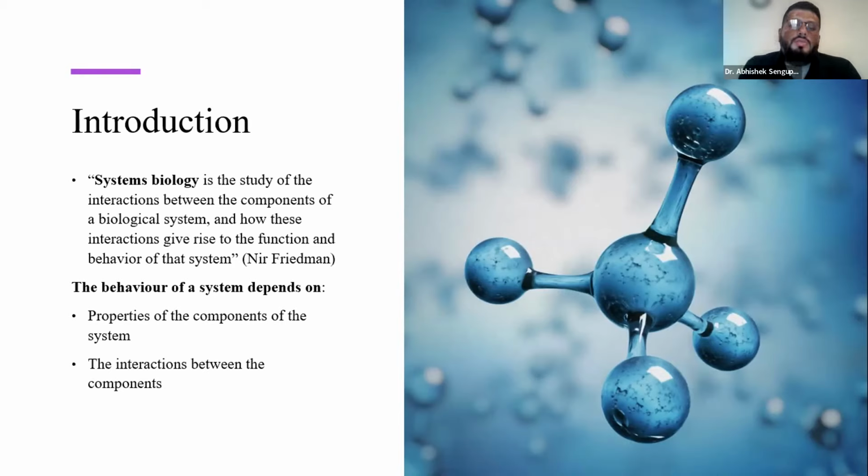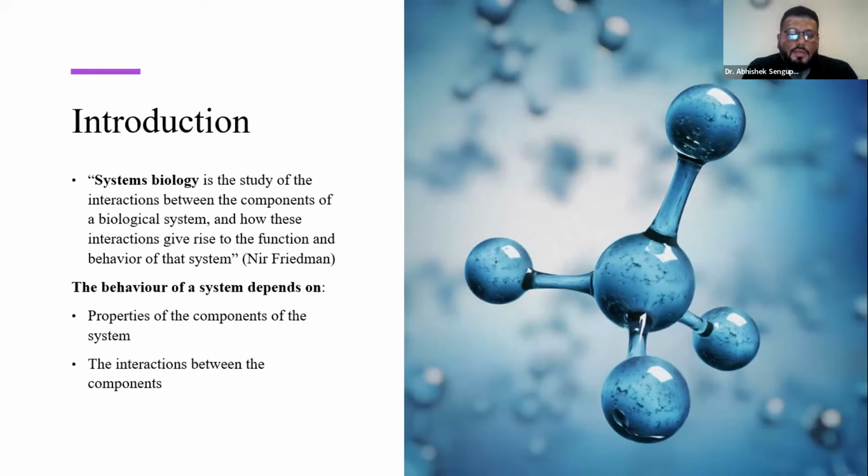Systems biology is one such area. Though it is not a very new field of science, researchers have been using systems biology approaches from the very beginning, since biology started being studied. Initially it used to be called theoretical or mathematical biology.